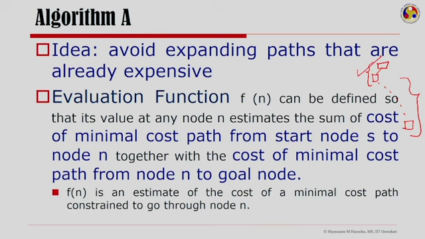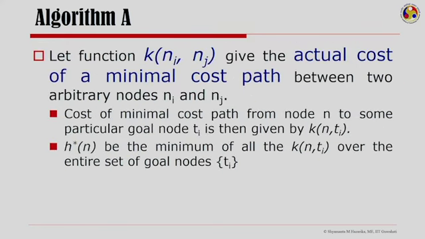Now, if you look at this very closely, you would realize that what I am trying to emphasize here is that the evaluation function f(n) is an estimate of the minimal cost path that goes through node n at this point of time. So, in order to get this more correctly, let us introduce some notations.